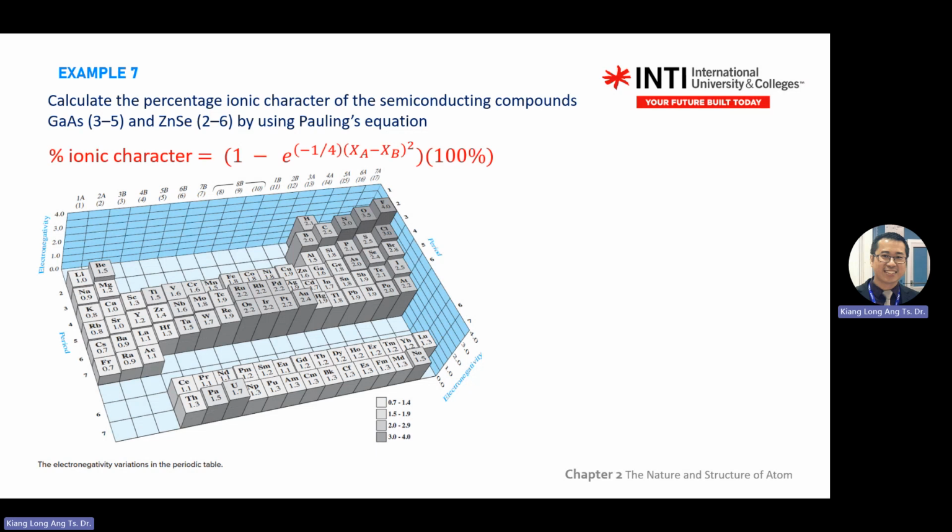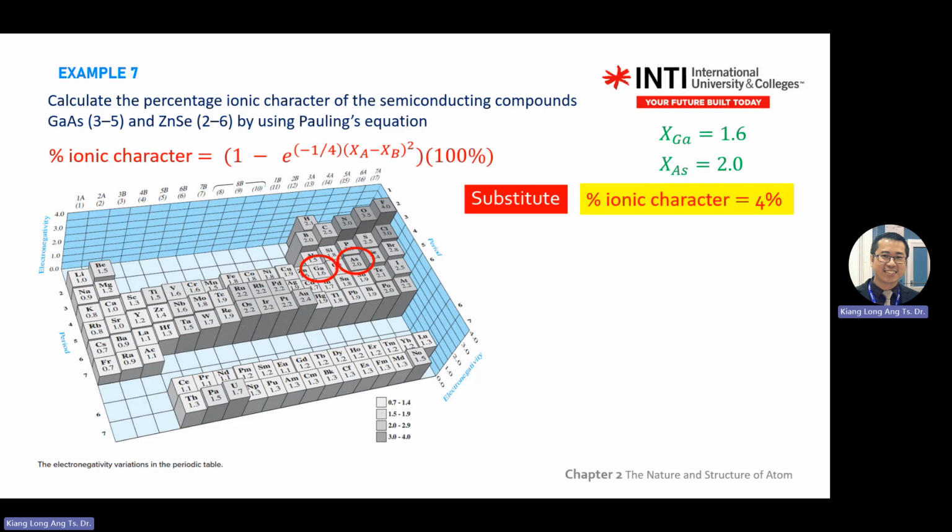You write the Pauling equation, percentage of IC equals the bracket multiplied by 100%. Go and find Ga, which is 1.6. As is 2.0. You just substitute inside here. Ga is A. As is B.